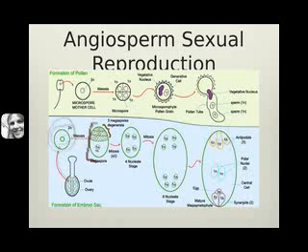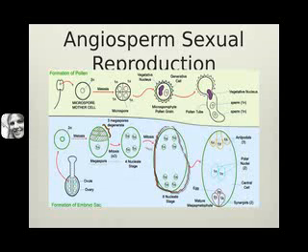3 of these will die, as indicated by my red scribble. 3 of those die, and then this remaining megaspore will divide mitotically a series of times until we have 8 nuclei. And these 8 nuclei will be organized like this.